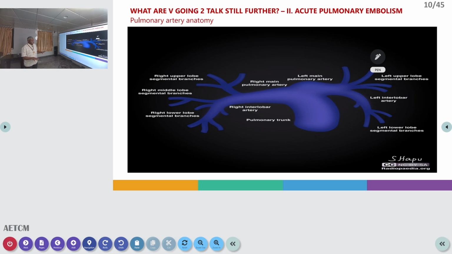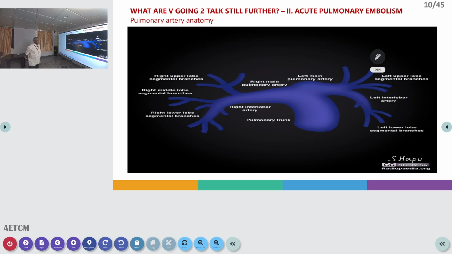The branching happens in a similar fashion to the trachea dividing into primary main bronchus, right and left, then lobar divisions, then segmental and subsegmental. The pulmonary artery also follows the same pattern.